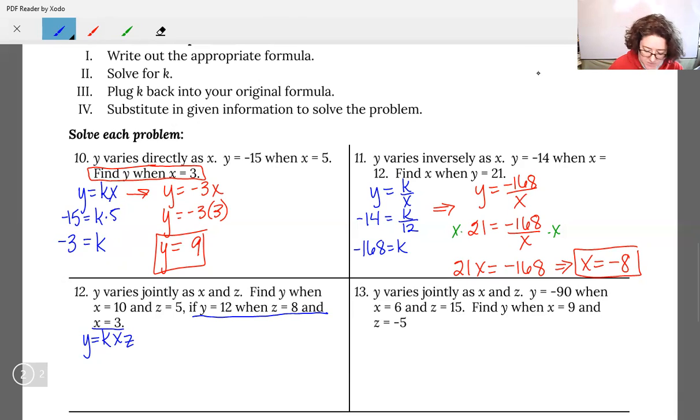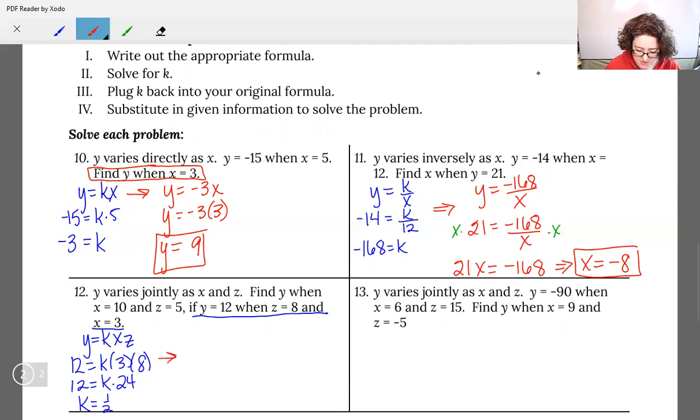That's what we're going to plug in. So 12 equals k times x, which is 3, times z, which is 8. So 12 equals k times 24. So dividing both sides out, we're going to have that k equals 1/2 or 0.5. Either one would be fine.